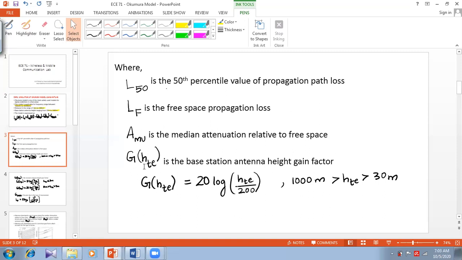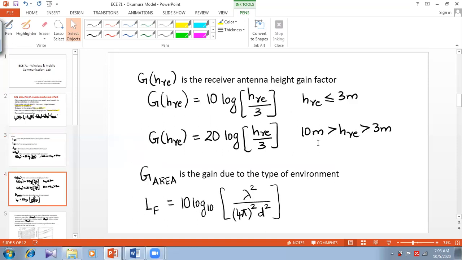Then coming to the base station antenna height gain factor, it is given by 20 log of ht by 200, and the height has to be in the range between 30 to 1000 meters. Going further, we have GHRE, which is the receiver antenna height gain factor.